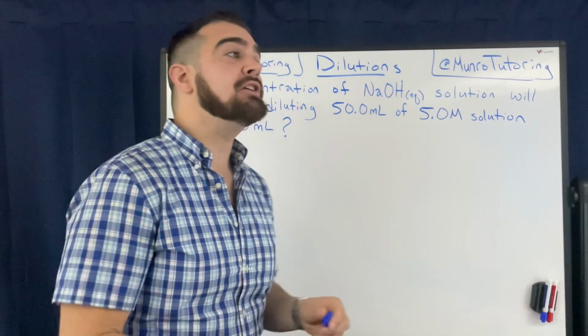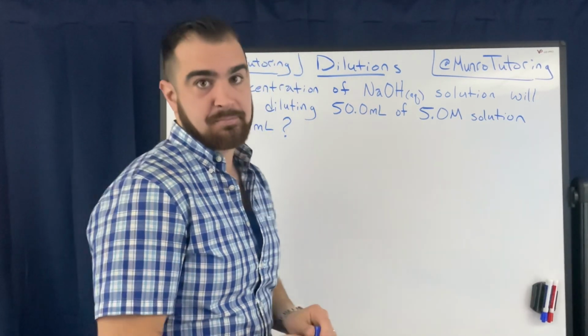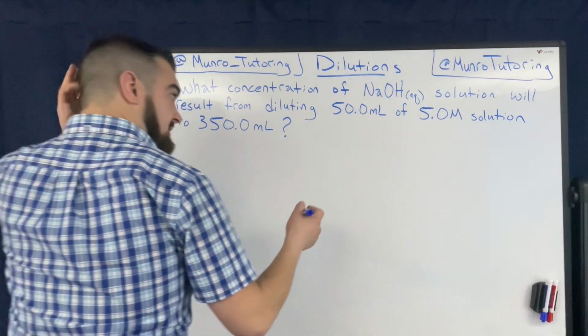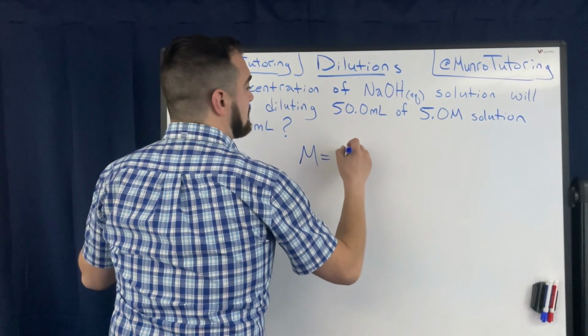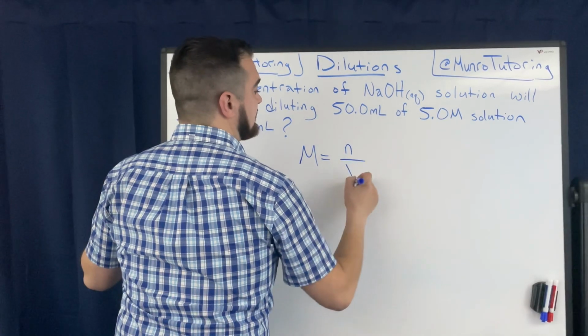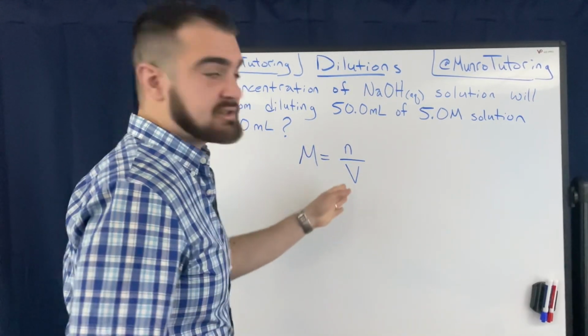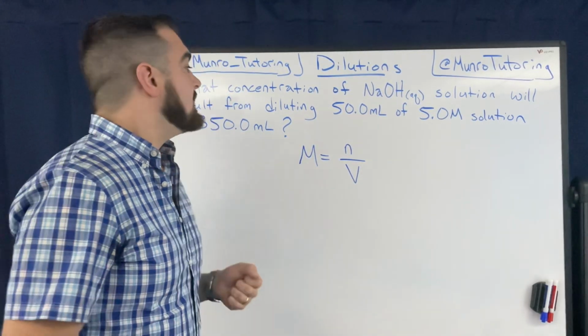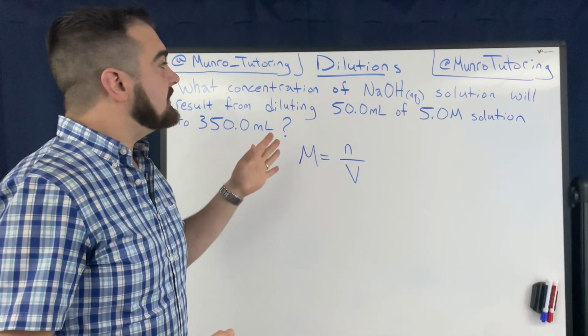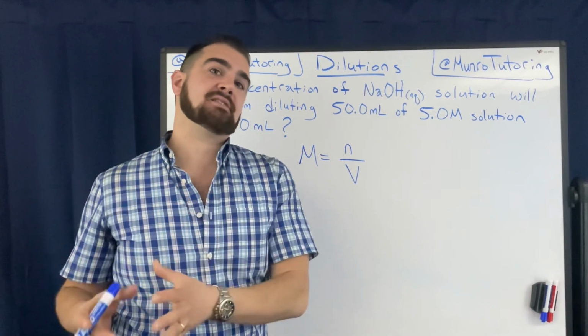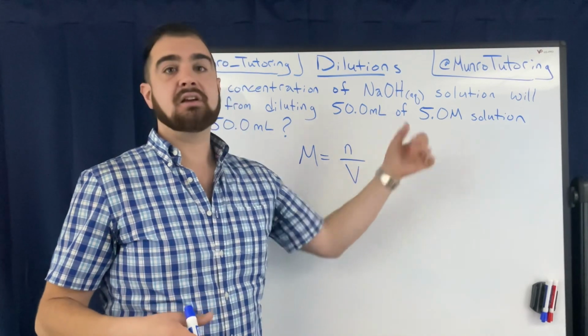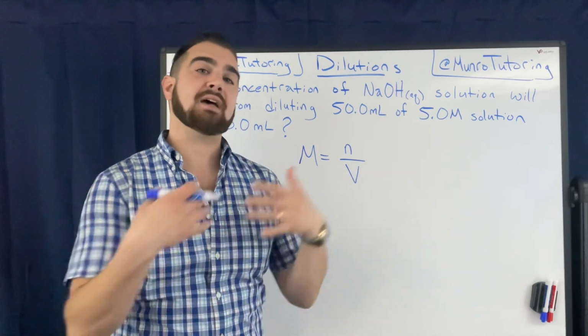So if we look at the molarity equation, as I taught you in those videos, molarity is equal to the moles of the solute over the liters of solution, the volume of the solution in liters, right? Now, we can say that the moles that we had initially are equal to the moles that we have at the end, right?